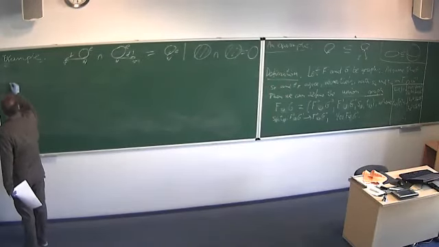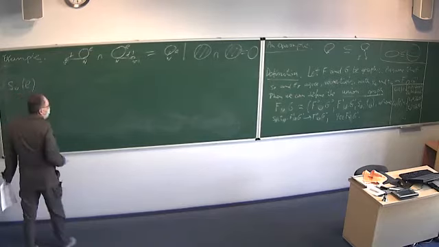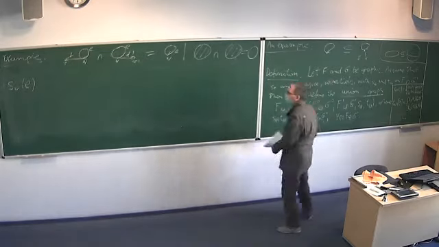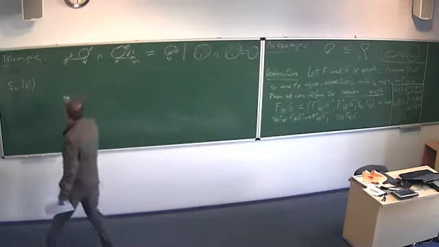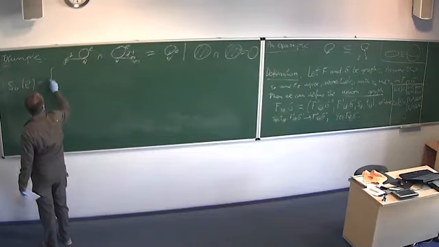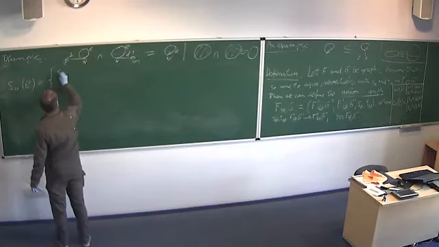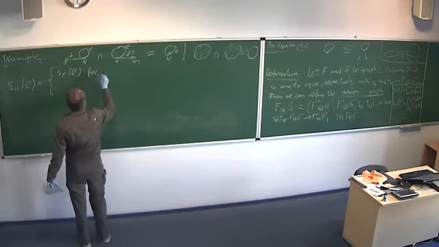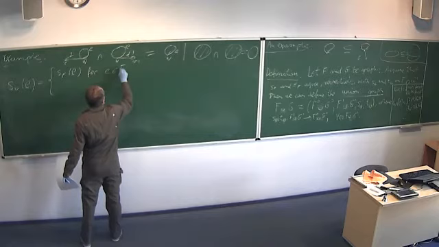Okay, so I have S cup of E. So the quantifier is on this blackboard: for all E in F1 union G1, okay? But now I have to do cases because I cannot write a uniform formula. So this is equal to SF of E for E belonging to F1.